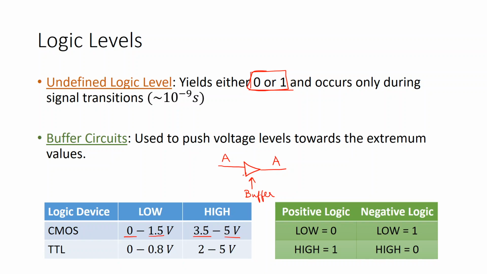The work of this is not to change the logic level, but to push the logic level towards the extremum analog values. This is the work of the buffer circuits.